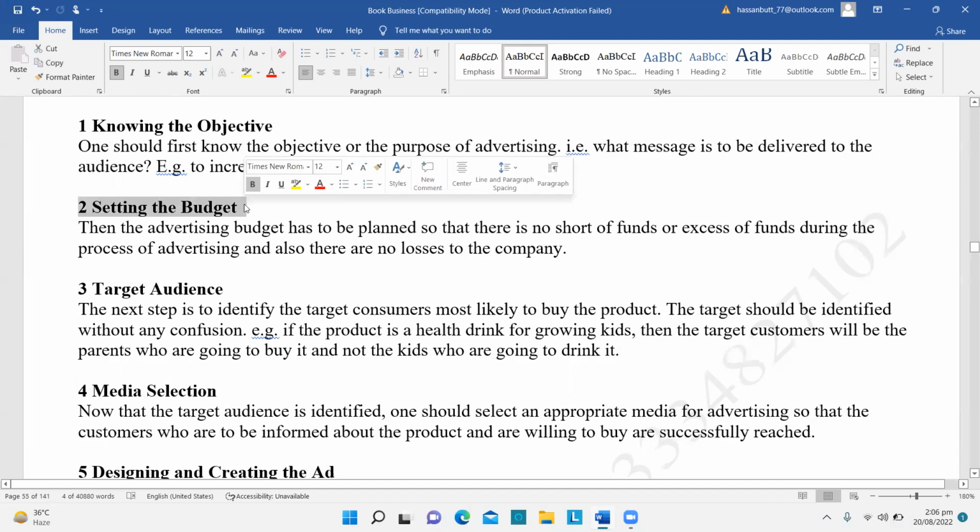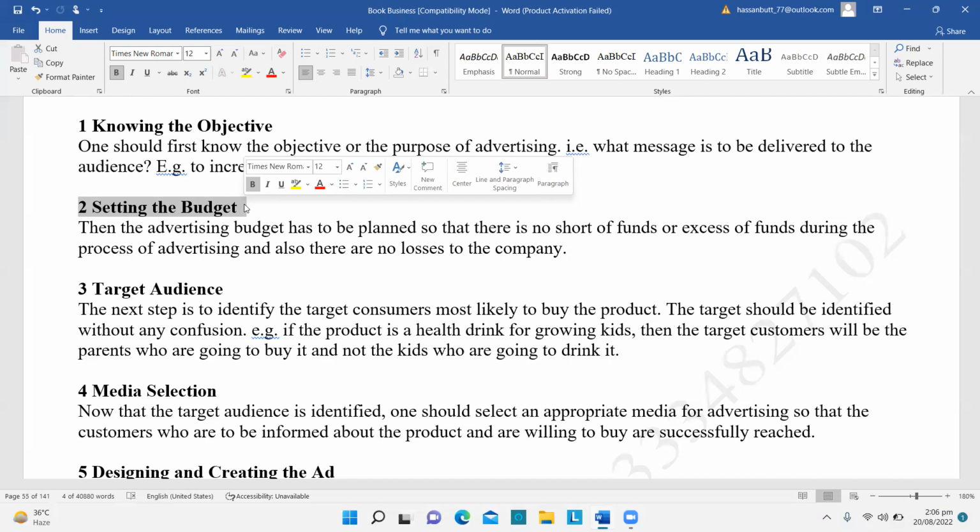What amount of money would you like to allocate for that? For example, if you have a limited budget to be spent on advertisement, you might go for a newspaper, a pamphlet, a banner, or stuff like that.